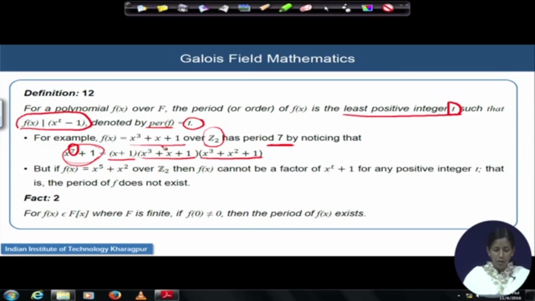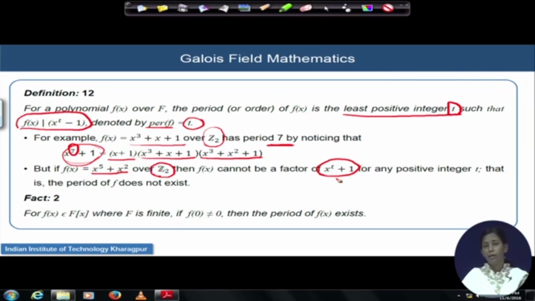But remember, if we take another polynomial having x to the power 5 plus x square, which also exists over Z2, the group Z2 and the ring Z2, then f(x) cannot be a factor of x to the power t plus 1 for any positive integer t.